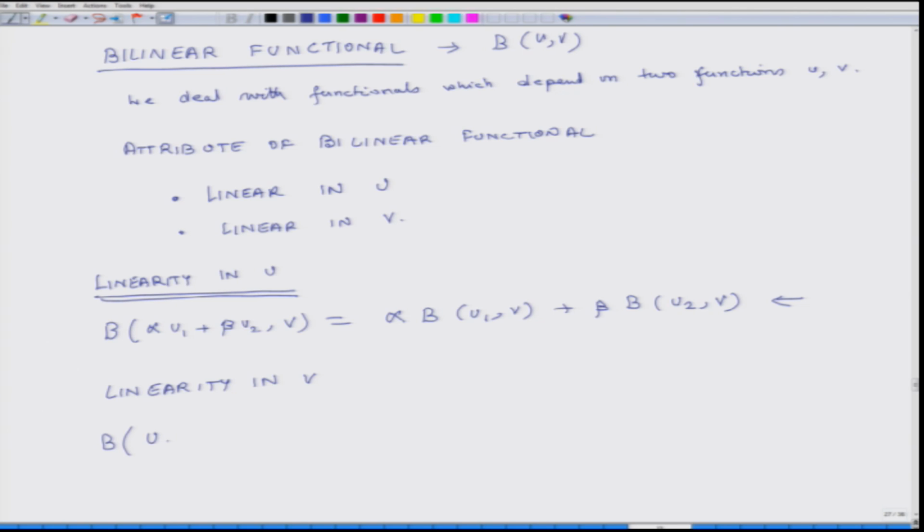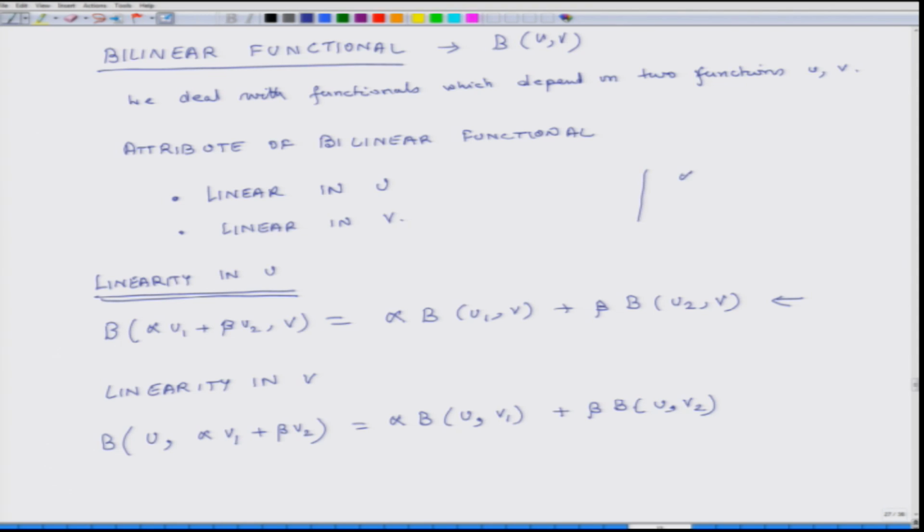Instead of u1 and u2 we will have v1 and v2: B of u comma alpha times v1 plus beta times v2 equals alpha times B of u comma v1 plus beta times B of u comma v2.